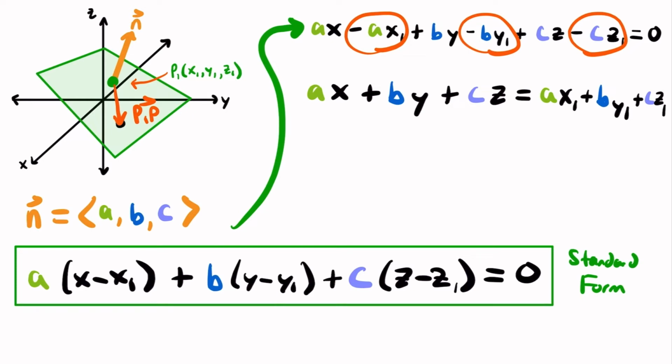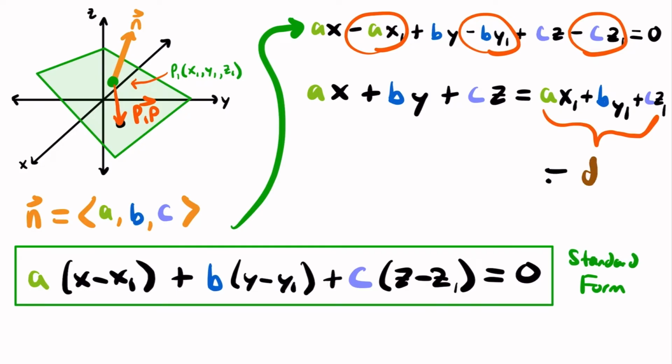And then what we can do to simplify further is, since these three values are constant values, right, we have already determined that when you actually write out the equation of a plane, those three constant values will be combined together to create one constant value. And so that's what we're going to do in this case. We are going to group those together to be one constant value that we will represent with d.